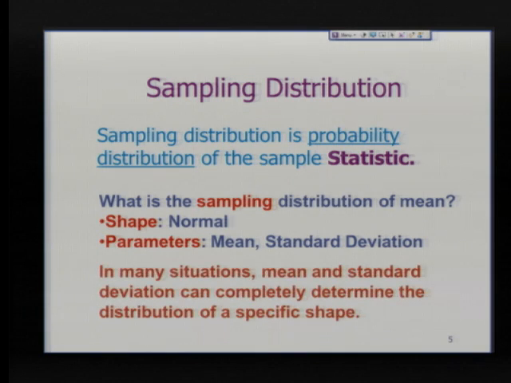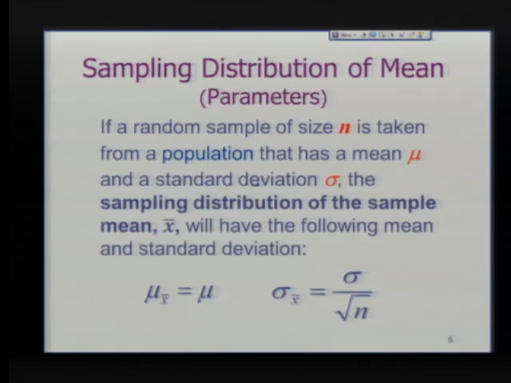Now, there are these theorems in the notes that talk about that. The first theorem is that if you take a random sample of size n, this n could be 15, could be 100, whatever.